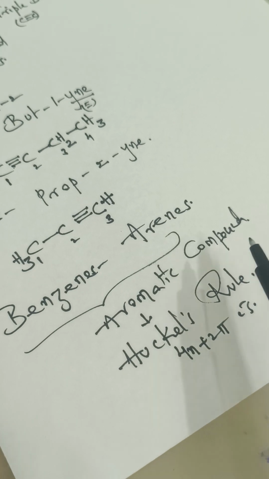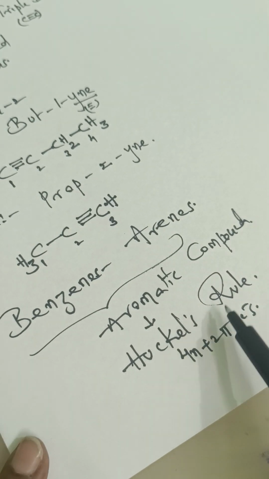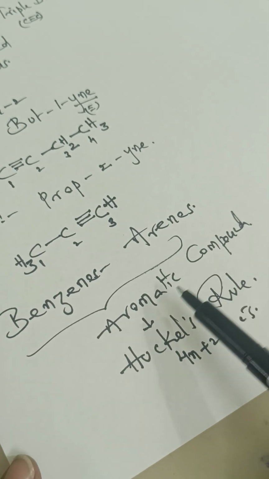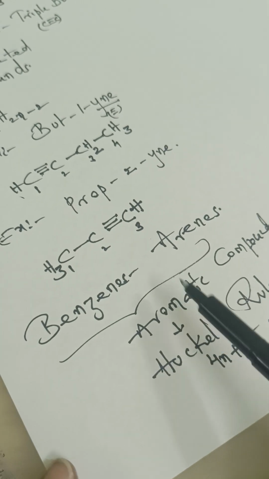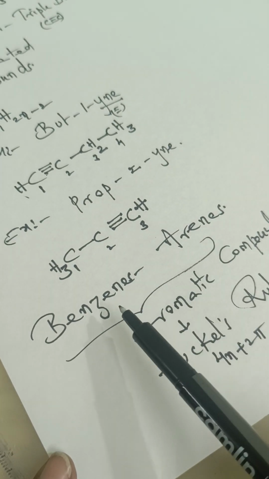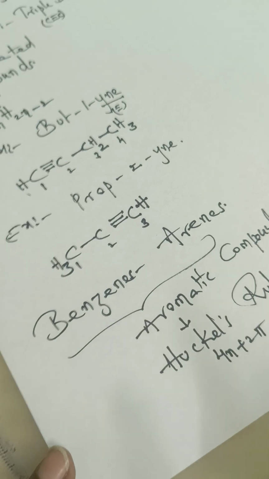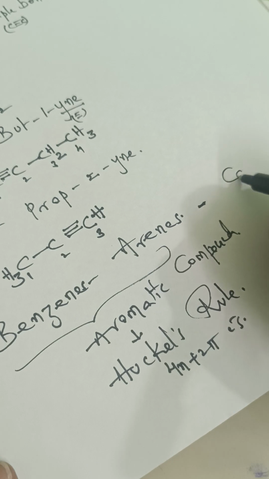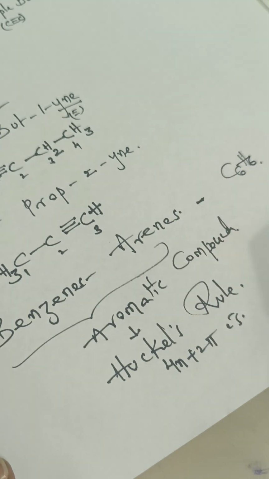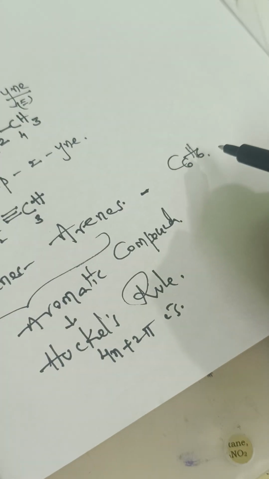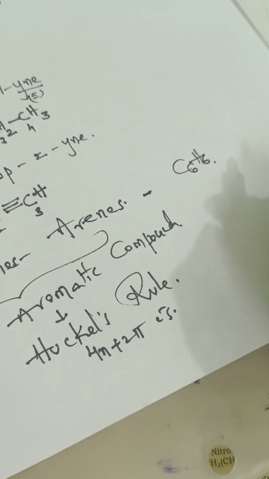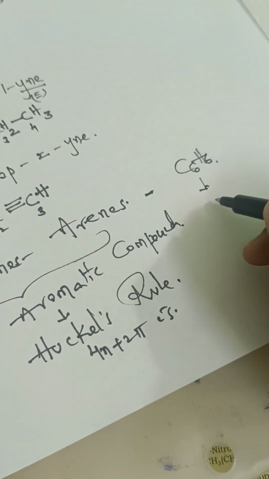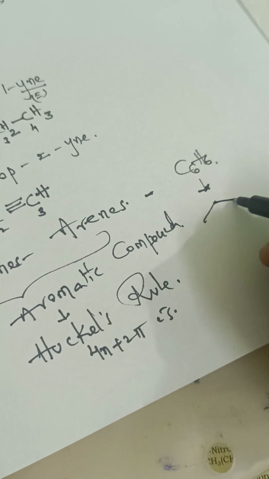If the compounds obey Hückel's rule, those compounds may be termed aromatic. Under aromatic compounds, benzenes are the most important structures. The chemical formula for benzene is C6H6. The structural formula for benzene is this.